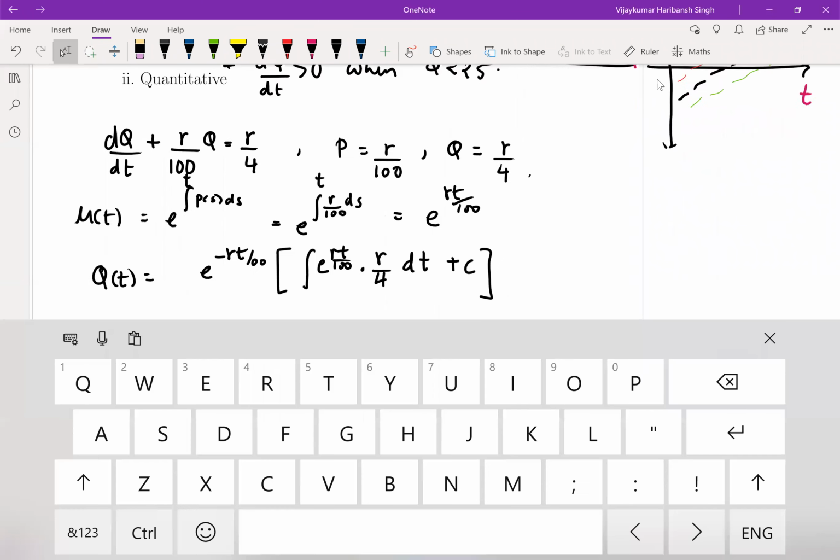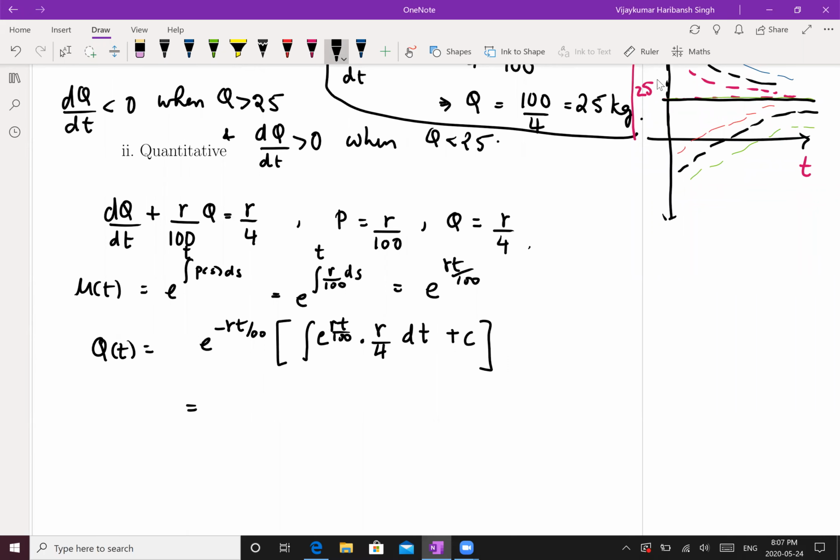In that case, you can see that this is going to be e to the power minus RT by 100 times, what is the integration of this? R by 4 is a constant, it can come out of the integral. Integration of this is going to be e to the power RT by 100. E to the power T integration is e to the power T, but you have to divide by the constant, so you have to divide by R by 100.